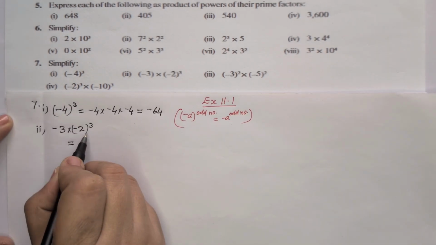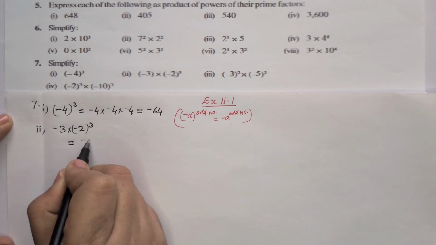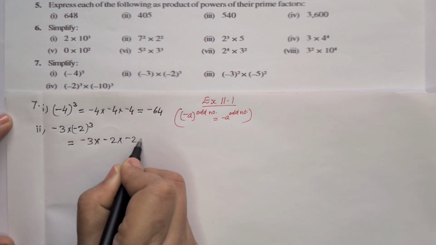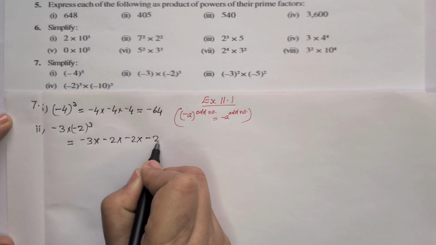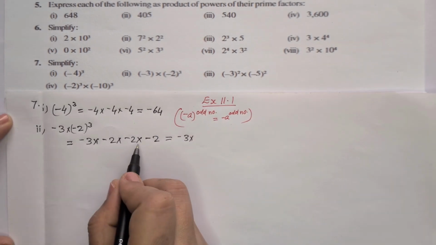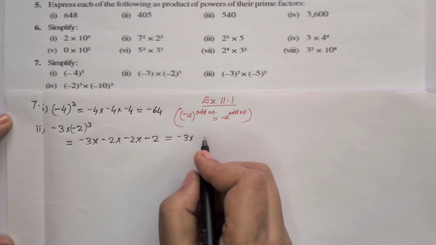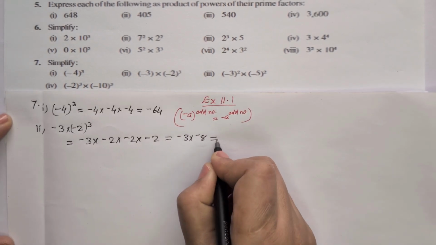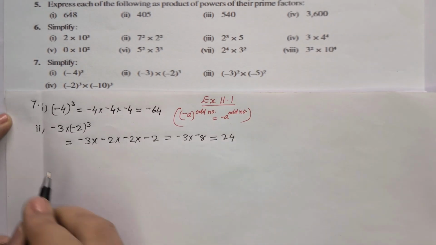Next is -3 into -2 cube. So -3 into -2 three times. Here -2 three times means -8. Minus into minus is plus. So it will come 24.